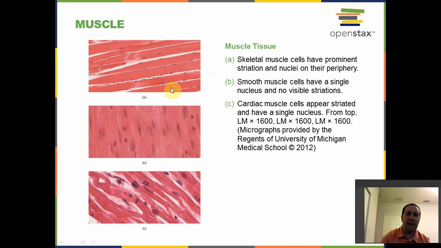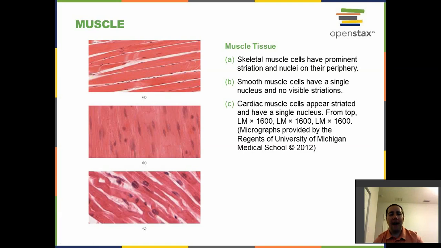Also, when you look at cells, purple dots are going to be nuclei. Now, I said that this was one muscle cell, but I see 1, 2, 3, 4, 5, 6, a whole bunch of nuclei for that one cell.